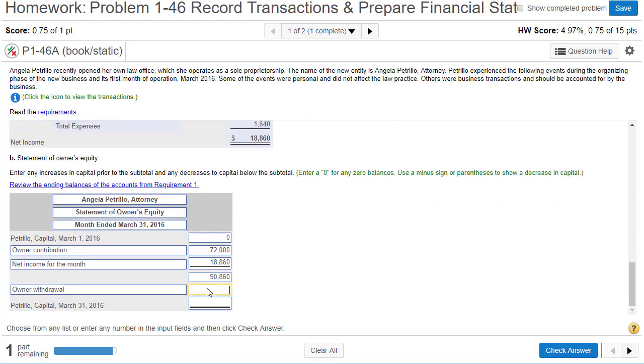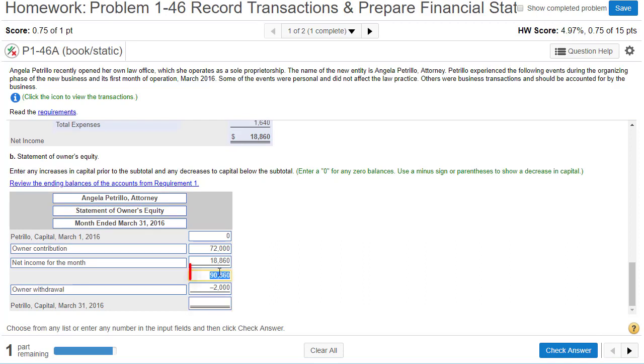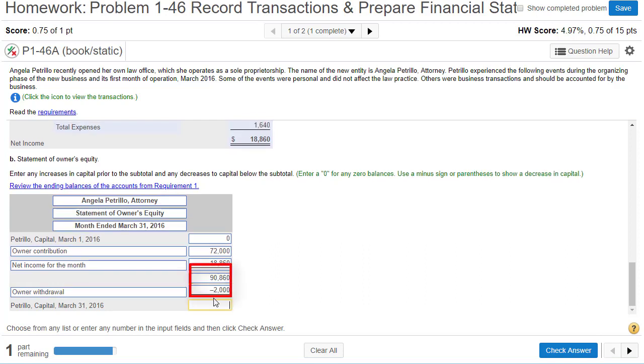And because that's a negative number, we always subtract withdrawals. We're going to put a minus 2,000. Now we're going to take our subtotal, 90,860, subtract 2,000, that gives us 88,860. So it looks like the owner capital went up from 0 and ended at 88,860.